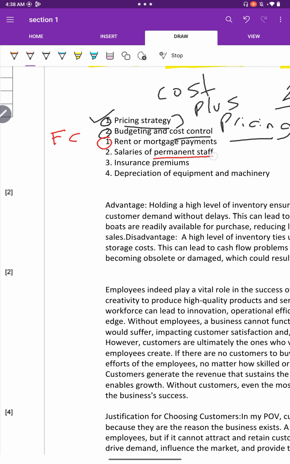Salaries of permanent staff. Yes, because if we said that maybe wages would be part of fixed cost, that would not be right, because wages would increase if the output is increased.